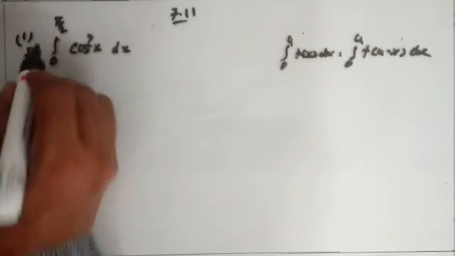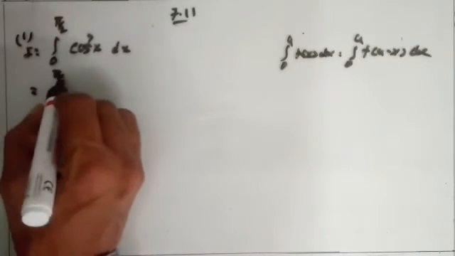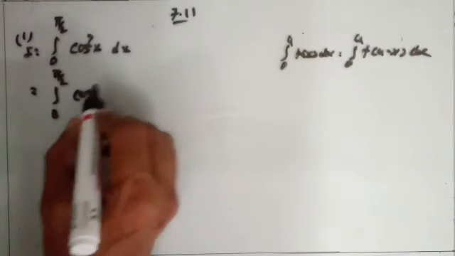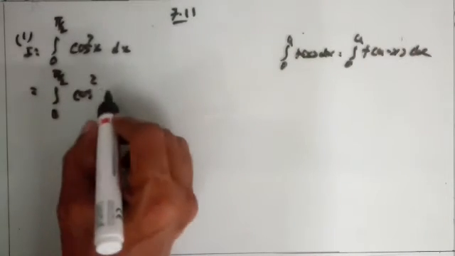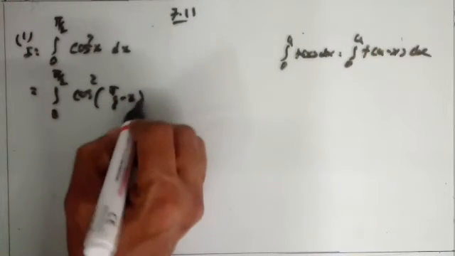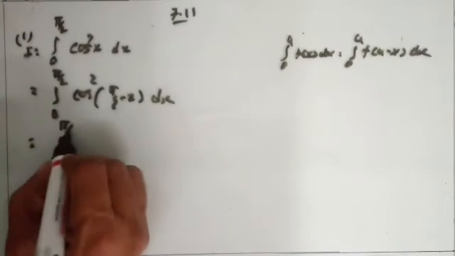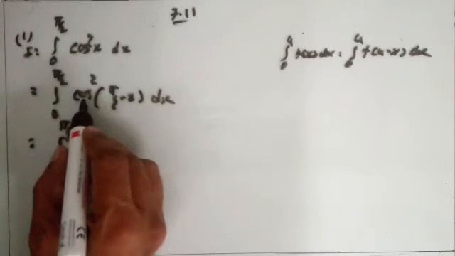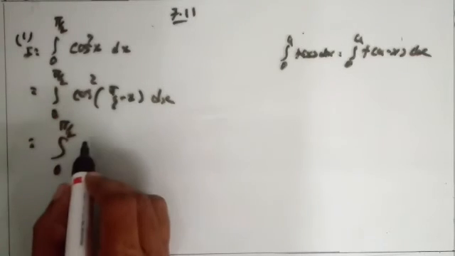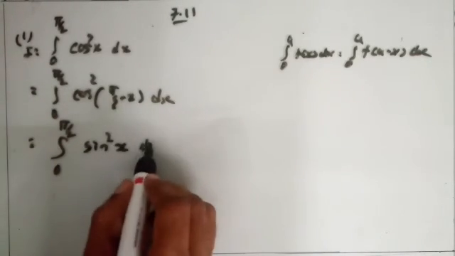So this is integration I, so I is equal to 0 to pi by 2, here cos square of (pi by 2 minus x) dx. So is equal to 0 to pi by 2, here cos (pi by 2 minus x), cos changes into sin form, sin square x dx.